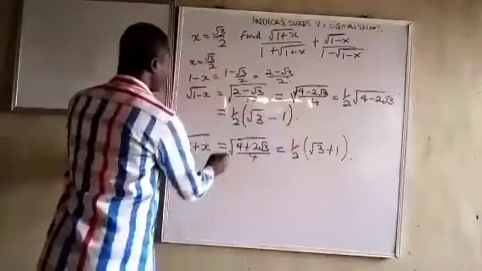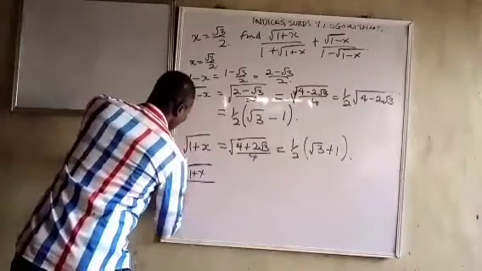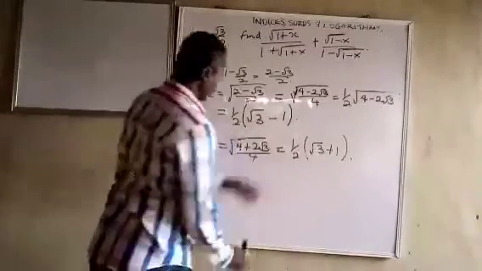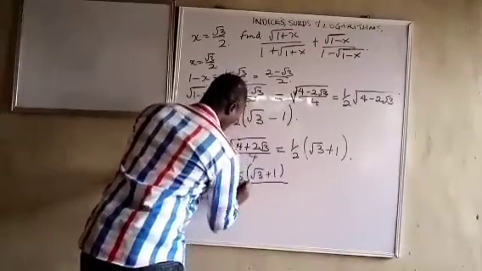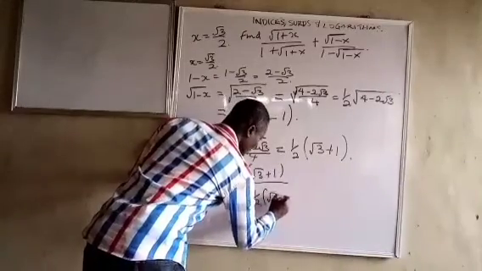Therefore, we have root 1 plus x over 1 plus root of 1 plus x will be equal to half root 3 plus 1 over 1 plus half into root 3 plus 1.